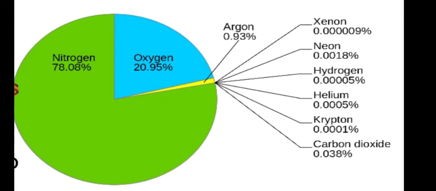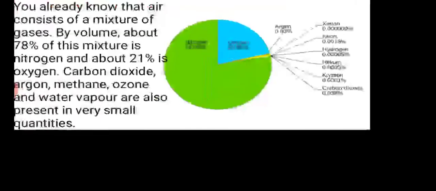But just see the other elements: xenon, neon, hydrogen, helium, krypton, carbon dioxide. They are not even 1%, they are 0.00 percent. So it indicates only a small amount of these gases are present in the environment.